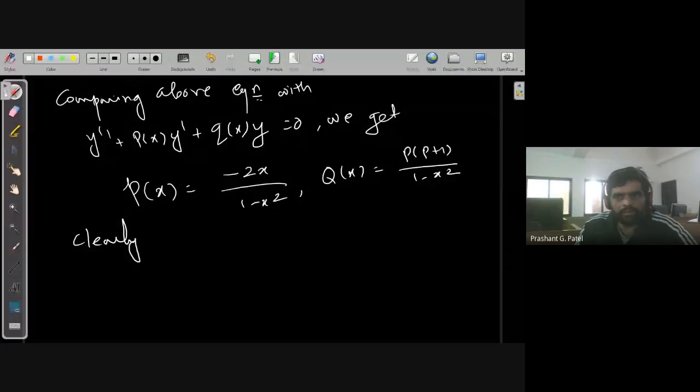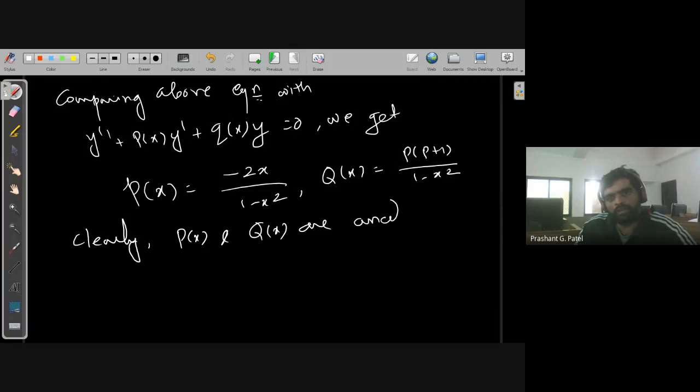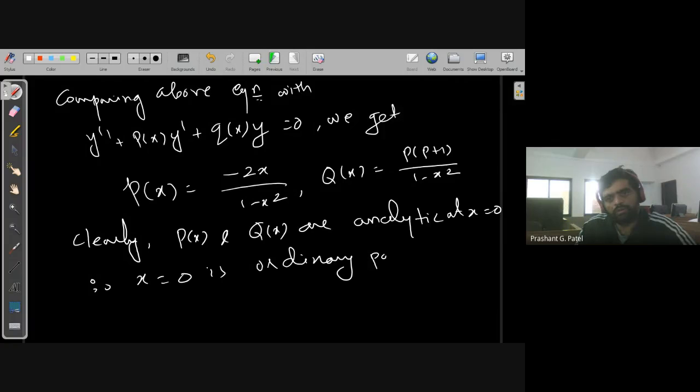So clearly p of x and q of x are analytic at x equal to 0. Therefore x equal to 0 is the ordinary point of equation 1.